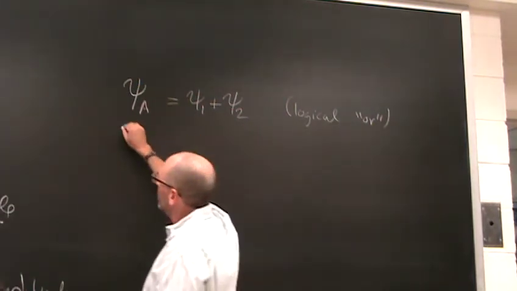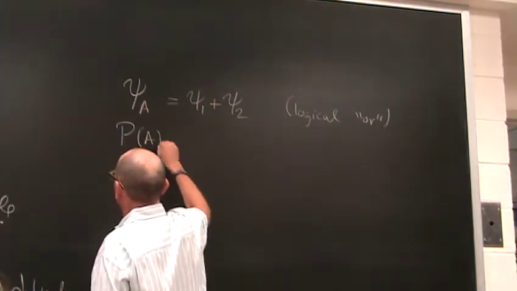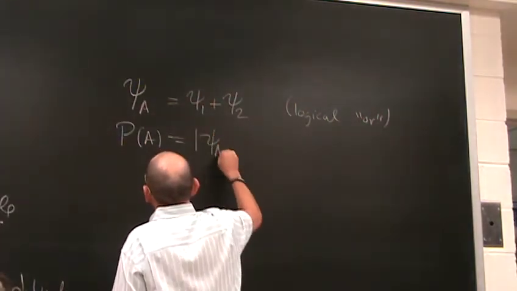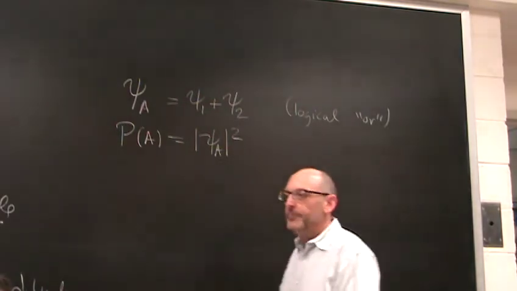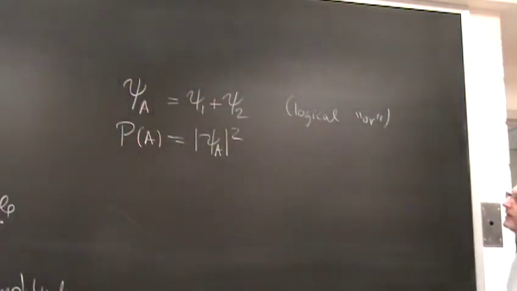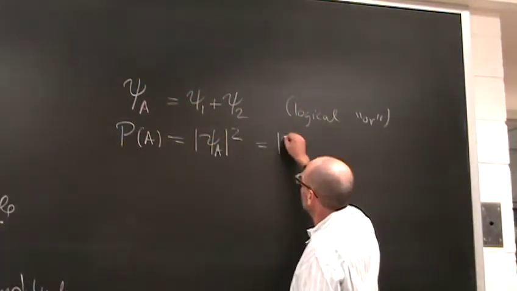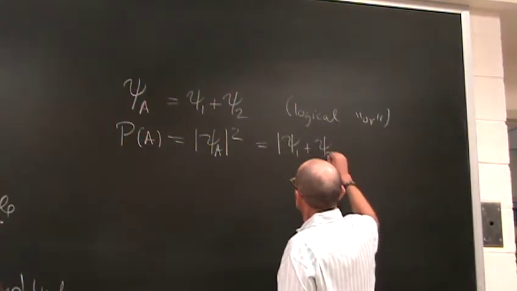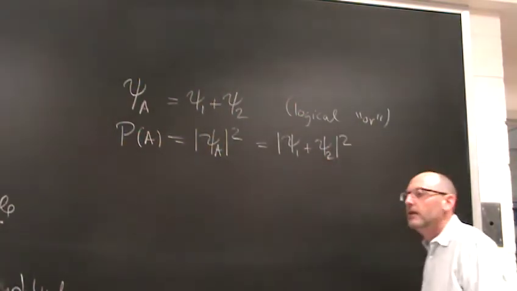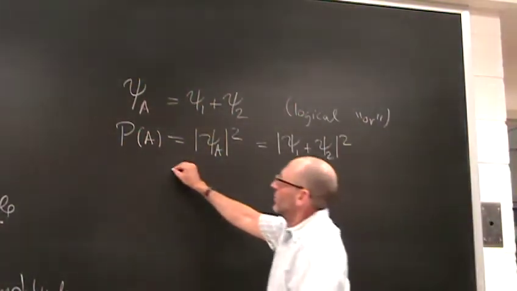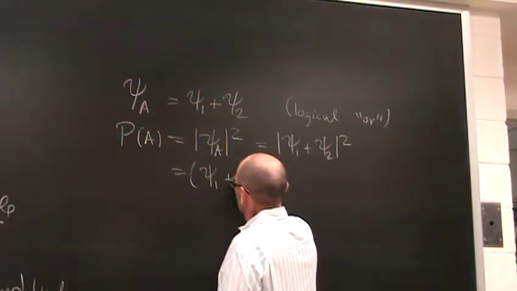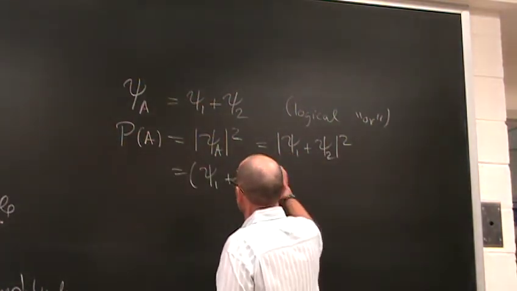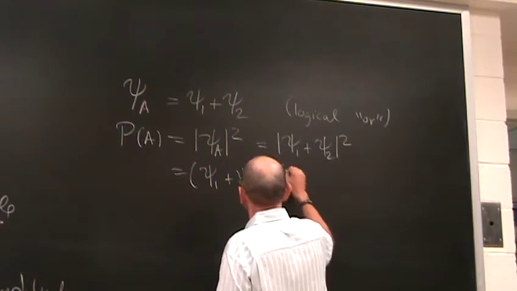Which means that the probability for A to happen according to the Born rule, well, that's the square of the amplitude associated with that, which is equal to the number times its complex conjugate.